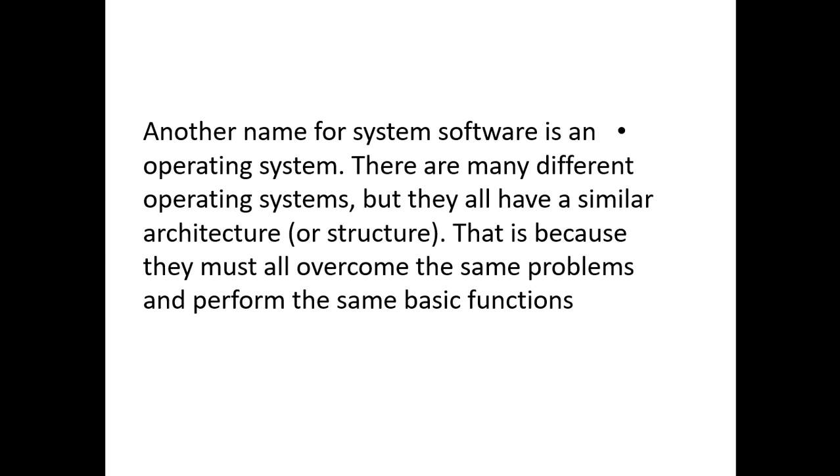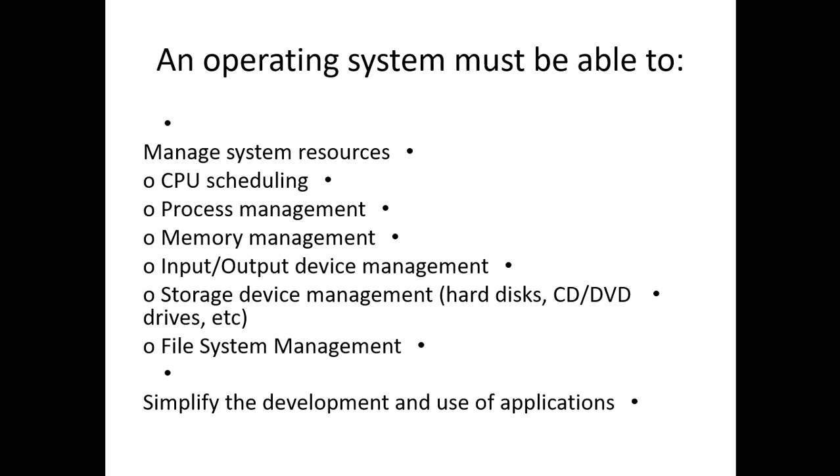There are many different operating systems, but they all have a similar architecture or structure. That's because they must all overcome the same problems and perform the same basic function.